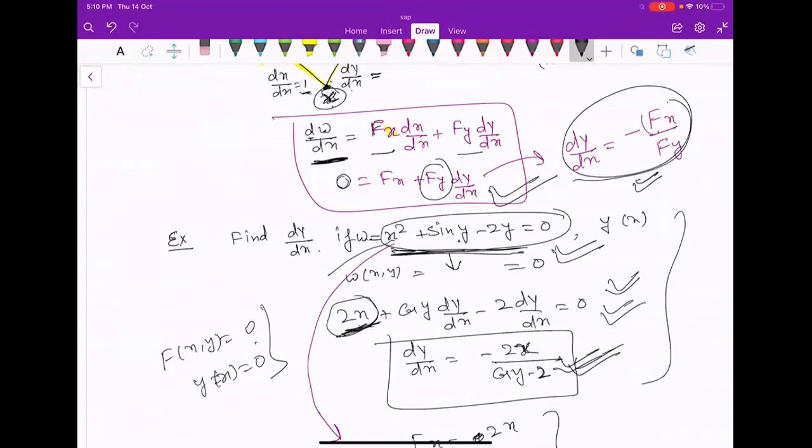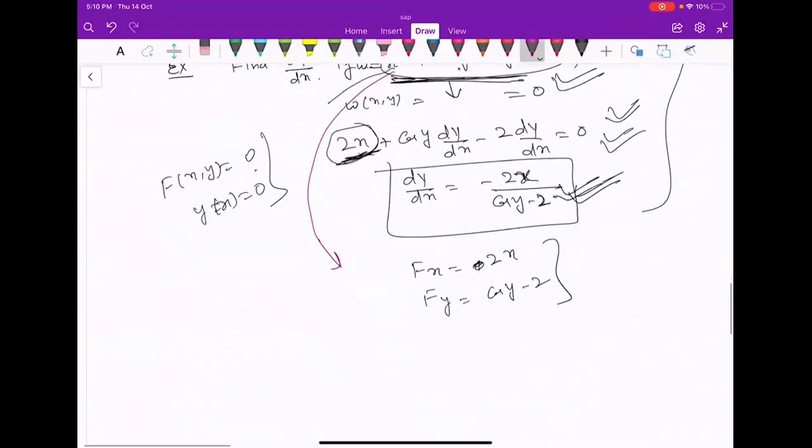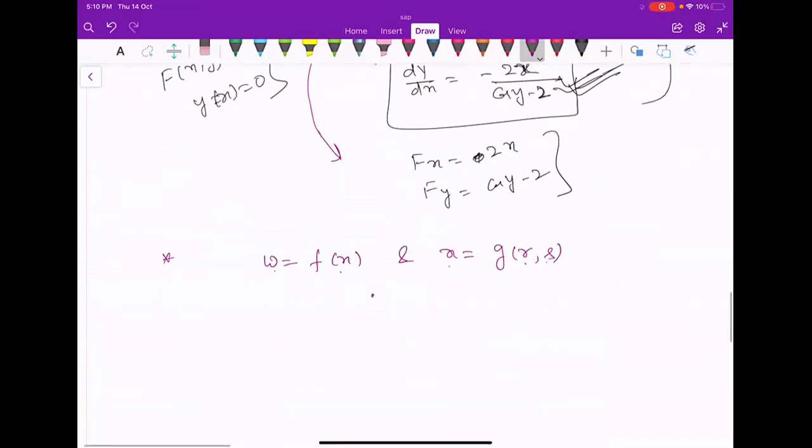Okay, one more thing is left, only the last thing. When w is a function of x, and x is a function of two variables r and s, है ना? अभी क्या है, w तो x का function है और x जो है that is a function of r and s. So how will you proceed? w is a function of x only, and then x is a function of r and s.